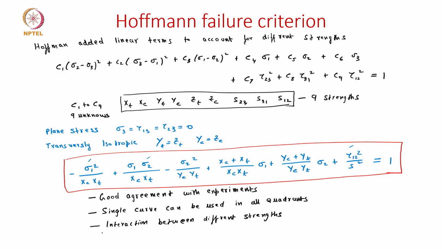And lastly, we know that it is simple to implement. For all these reasons, the Hoffman criteria is very commonly used in the composite literature.